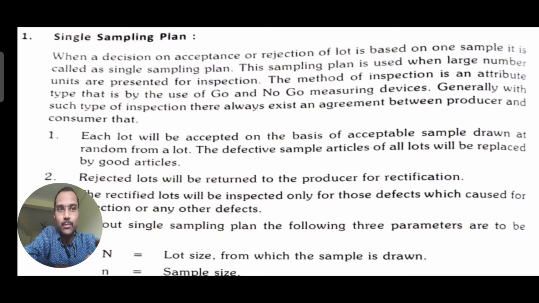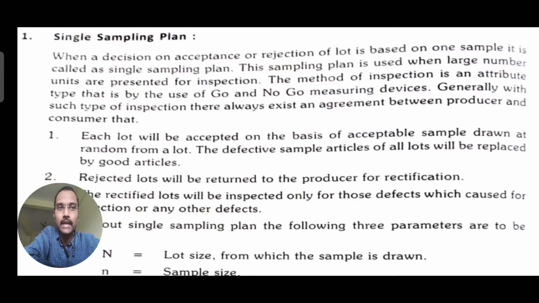Under this single sampling plan, one sample is considered, and based on that one sample, which is inspected, we decide to accept or reject the lot. As the statement says, when a decision on acceptance or rejection of a lot is based on one sample, it is called a single sampling plan. It's very easy to understand.